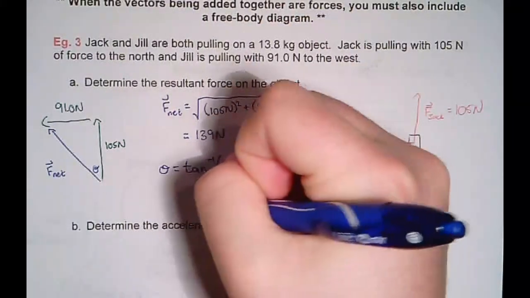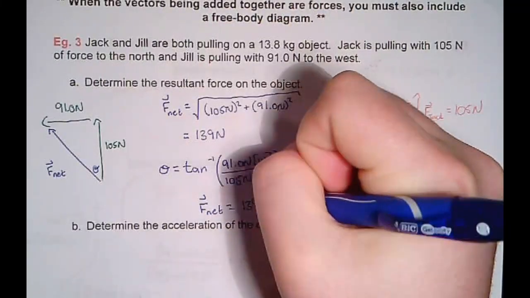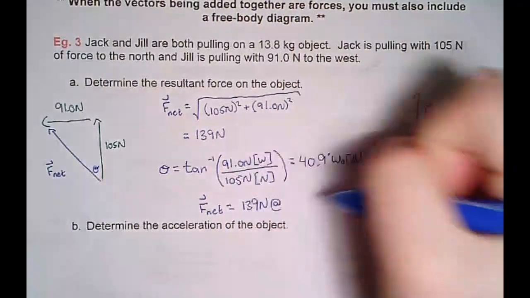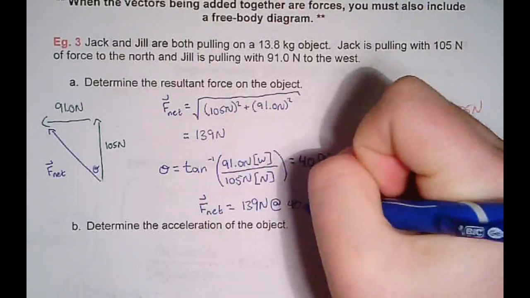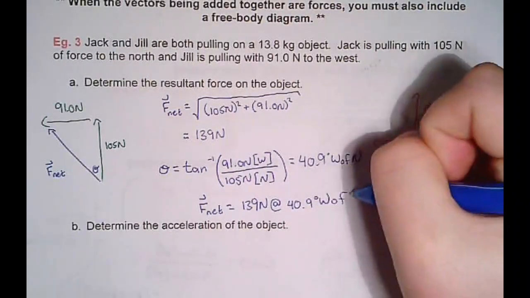So our F net is equal to 139 newtons at 40.9 degrees west of north.